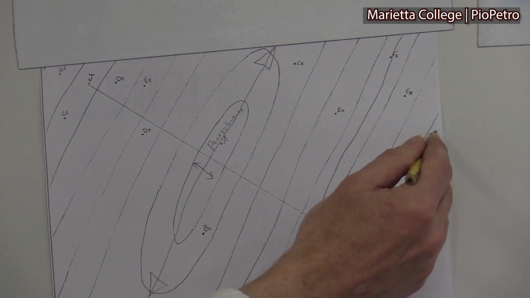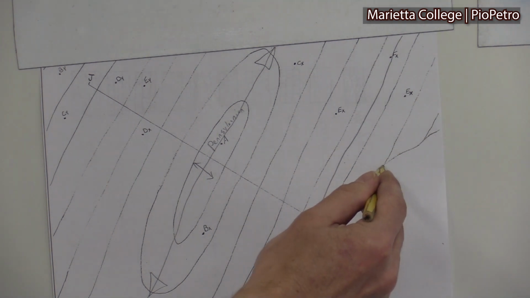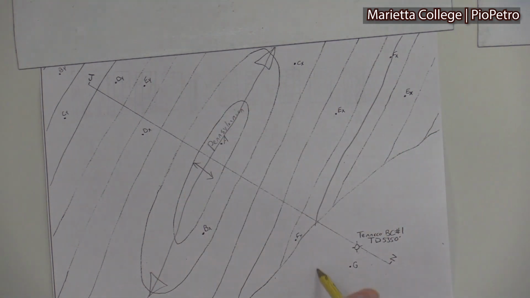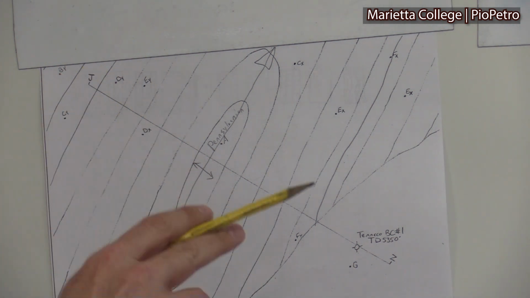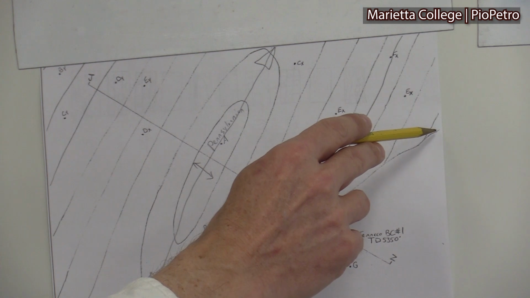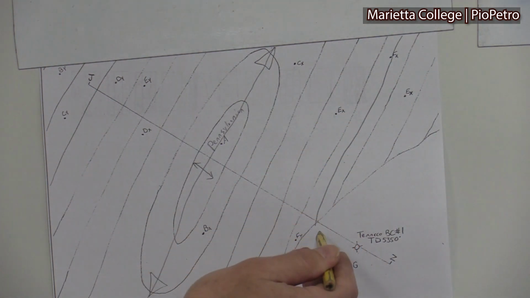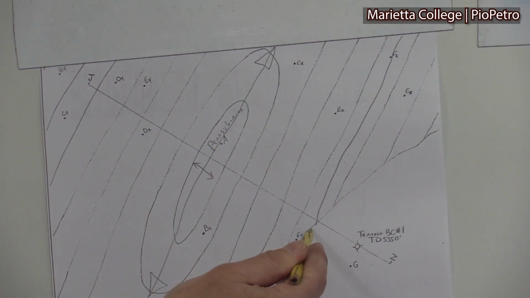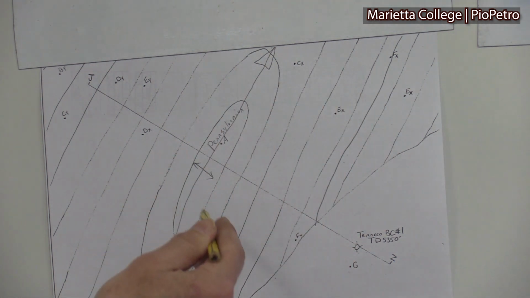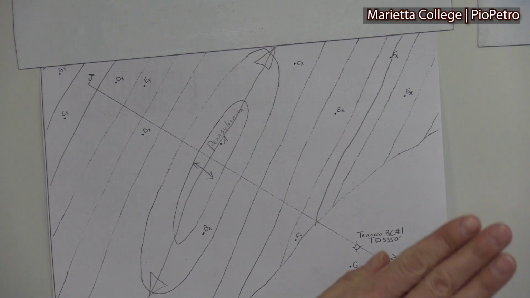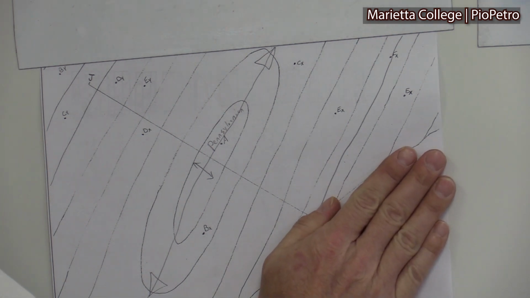What I want you guys to sort of imagine is that this line that's the boundary between all of the other layers and layer G, which is the youngest layer in your cross section or in your composite stratigraphic section, that's actually sitting on top of everything. So when you're thinking about what the types of unconformities are, think about layer G as if it's a flat layer that's sitting on top of everything else.